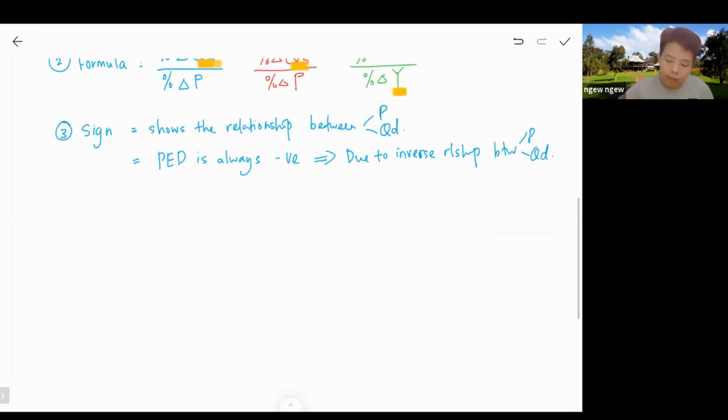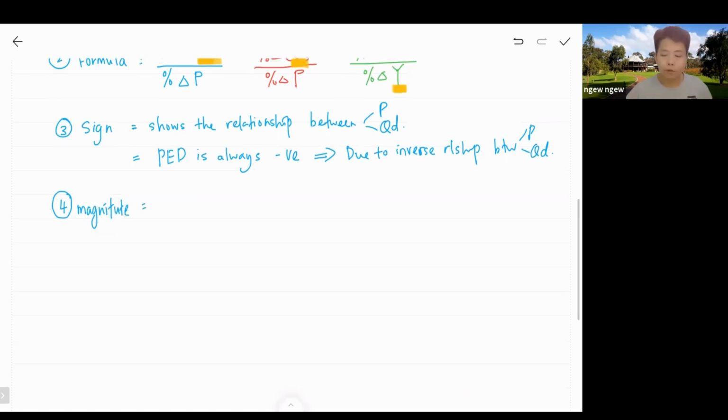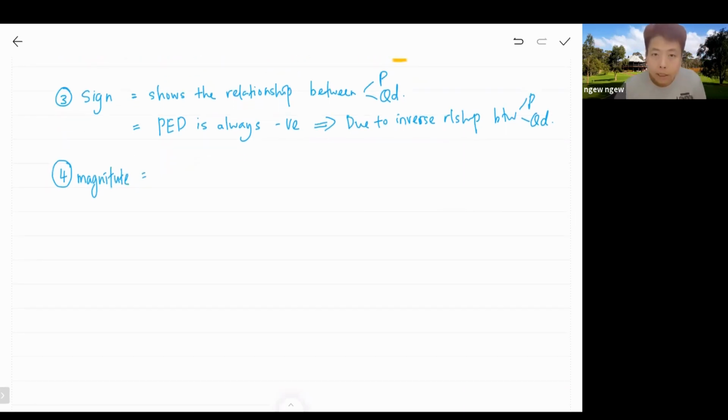Okay, after we understand the sign part, the fourth stage is to understand the magnitude of PED. Basically, the magnitude is shown by the PED value.